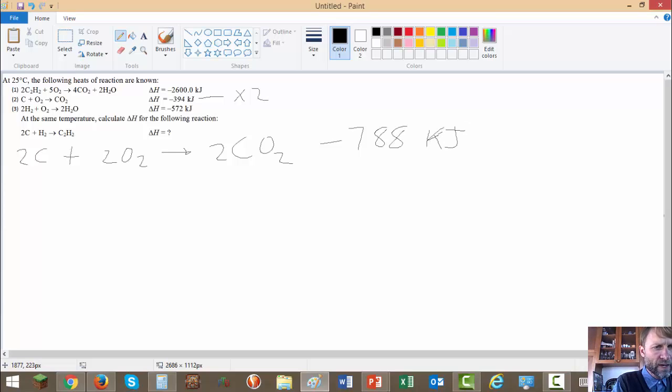The next reactant we need is 1 H2. Now reaction 3 gives us 2H2 every time it goes forward, so we need to multiply that one by 1/2.